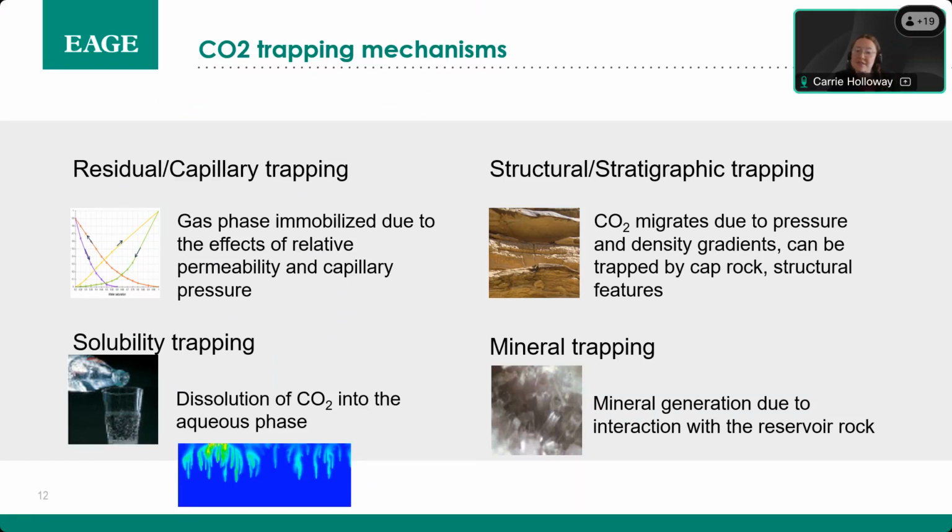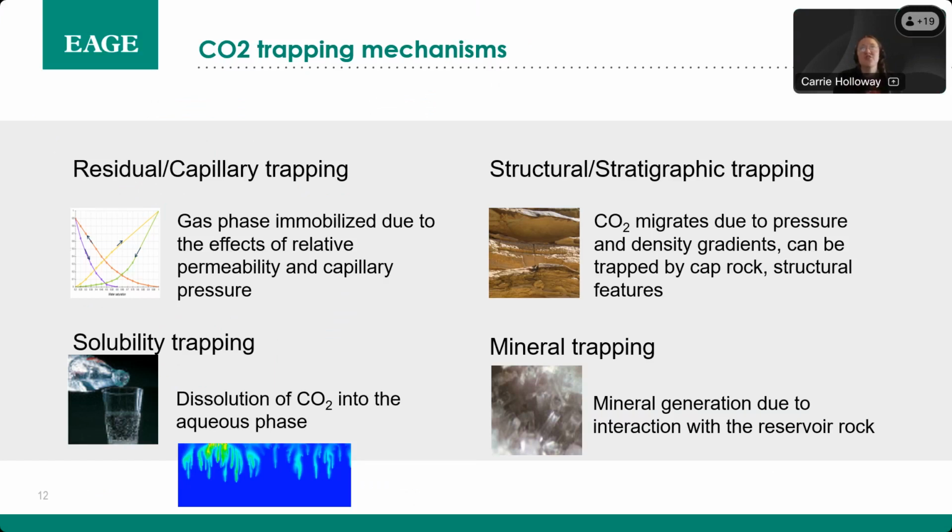This is known as residual or capillary trapping. Studies have shown that, especially in the early stages of injection, this can account for up to 95% of the CO2 in the reservoir. It's the most important process for CO2 immobilization and storage security, so the majority of operating and developing projects are relying on this trapping mechanism.